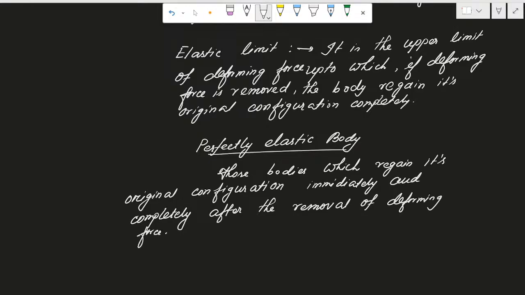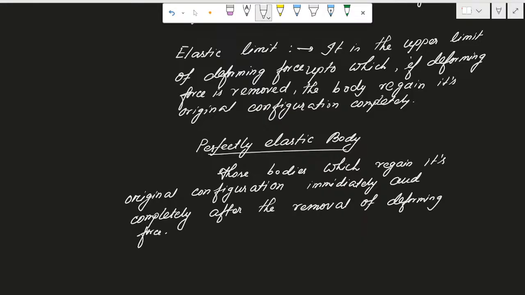What does it mean? A perfectly elastic body is that type of solid object where, if you just remove that deforming force, immediately and completely it will get back to its original configuration, original shape. That is known as a perfectly elastic body. It will not take any time to return to its original shape, and completely.